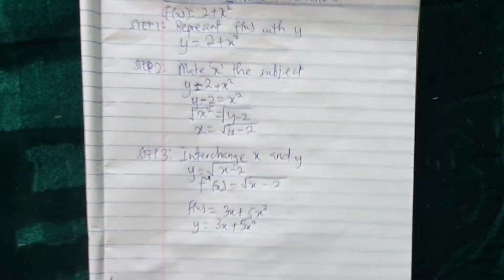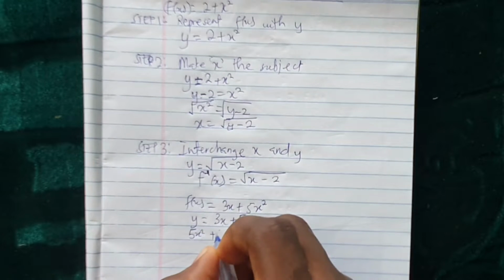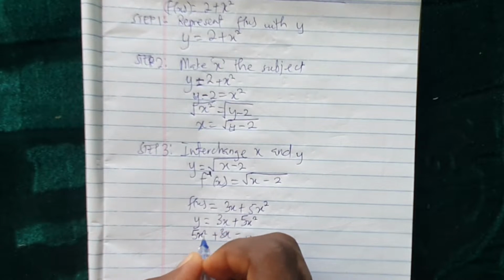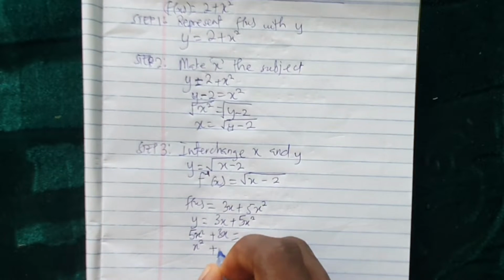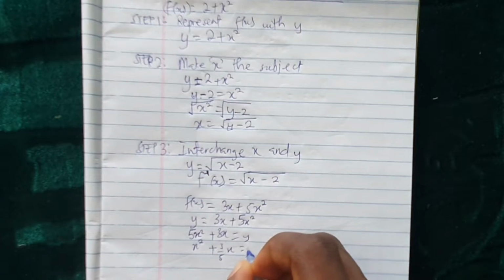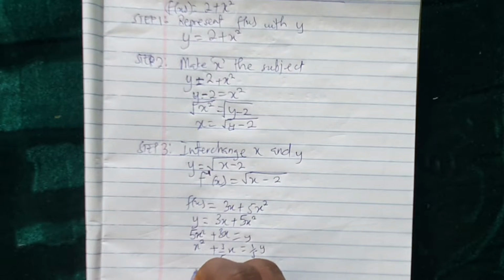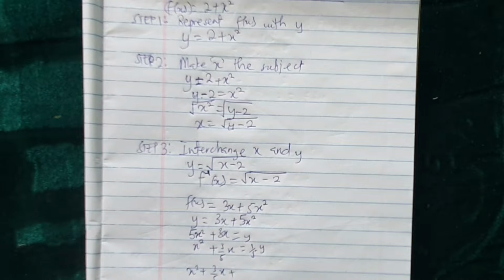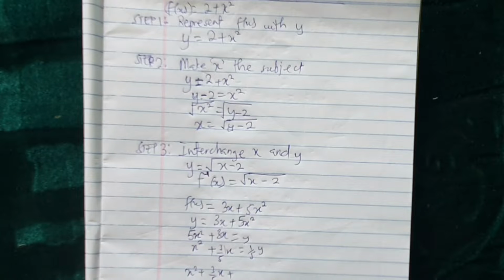Right, so using the method of completing the square, we have 5x squared plus 3x equals y. You have to make sure the coefficient of x squared here is 1, so that means you have to divide through by 5. We get x squared plus 3 over 5 x equals 1 over 5 y. Then, using the method of completing the square, we multiply the coefficient of x by half.